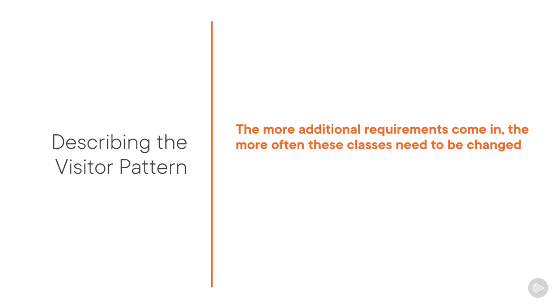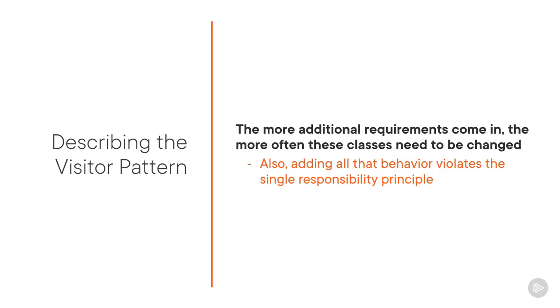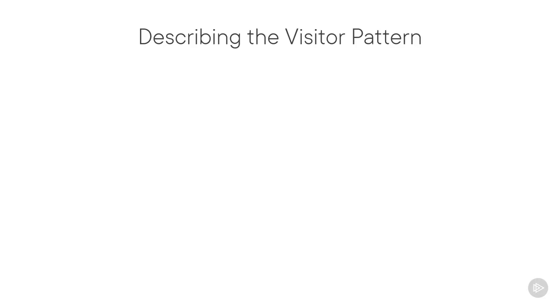Also, we need to start wondering whether it makes sense to have all that added behavior in all of these classes. Maybe it doesn't belong there, if we keep the single responsibility principle in mind. Enter the visitor pattern. This allows adding behavior to classes by adding the behavior to another class, the visitor, which will visit the original classes and execute that behavior.